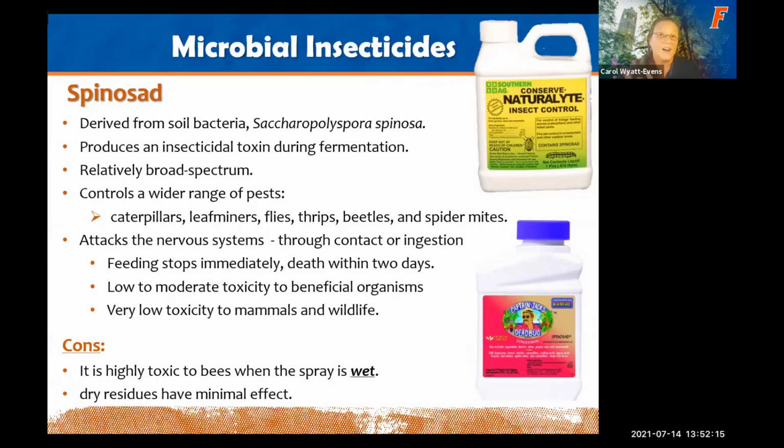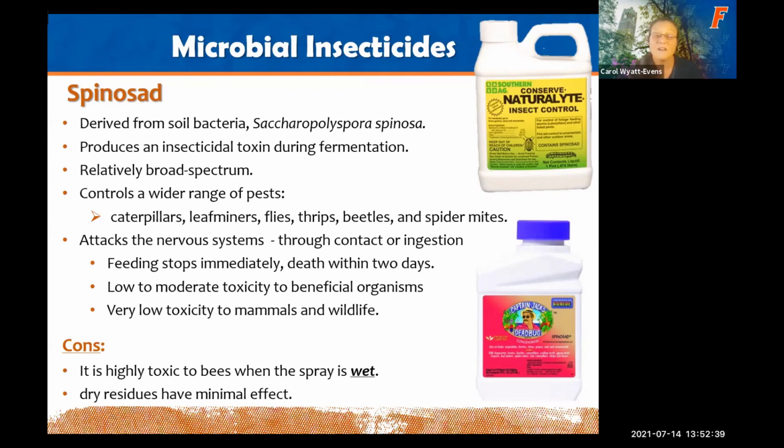So the thing with spinosad is that the insect does not need to eat it in order for it to be effective against the insect. So it's better than other microbials in that it has that broad spectrum of activity, and it's especially good at controlling thrips. So spinosad and thrips, thrips are a real problem. And so, this is a great product for controlling thrips.